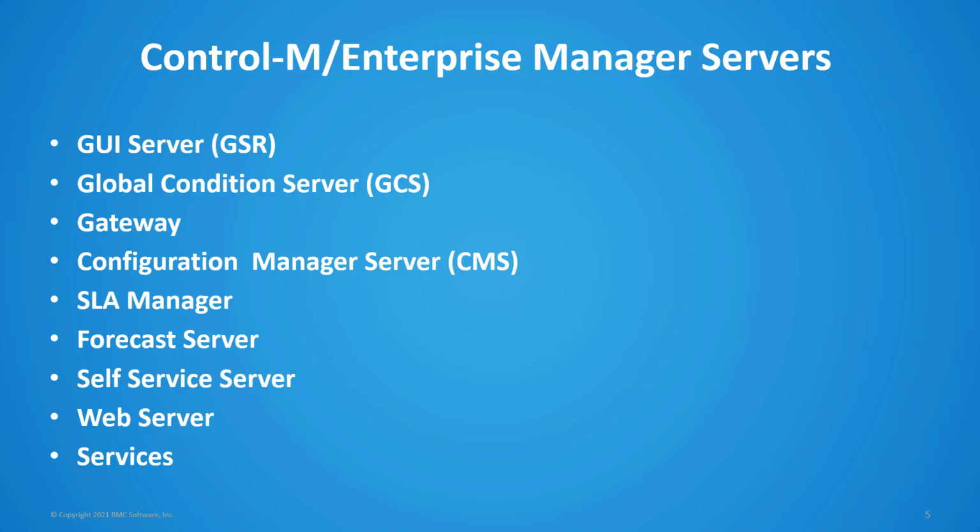SLA Manager monitors critical batch services. Forecast Server helps simulate job patterns to validate the schedules for running jobs on a future date. Self-Service Server monitors self-service services. Web Server provides access for the Control-M clients. And services are a set of microservices which expose shared functionality to various EM applications.